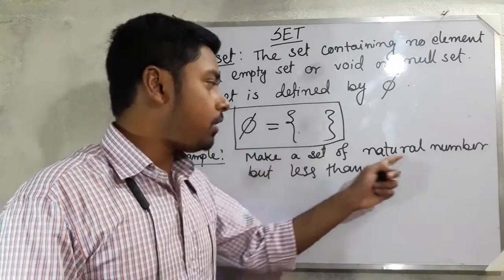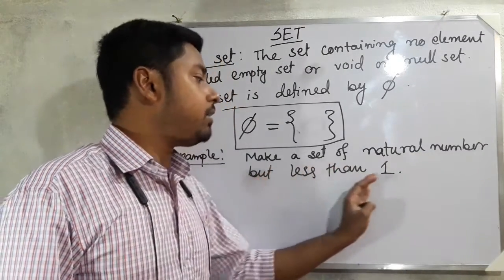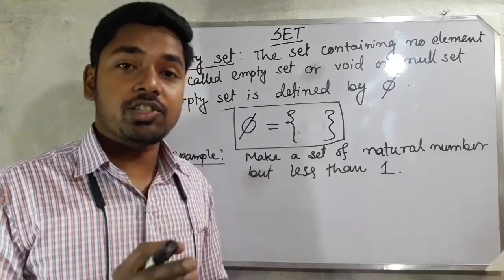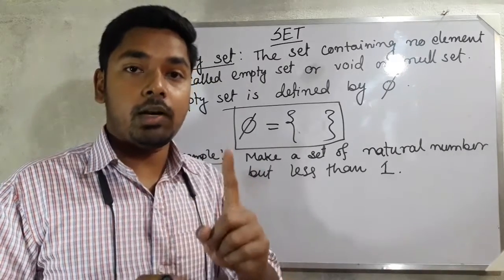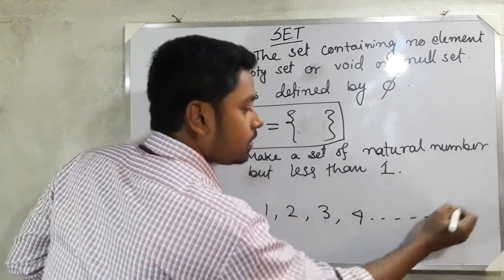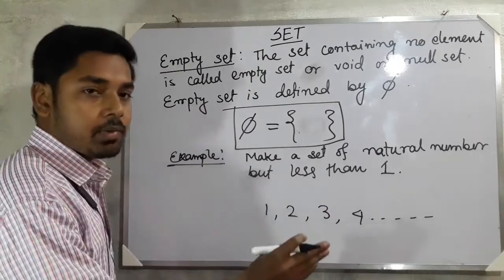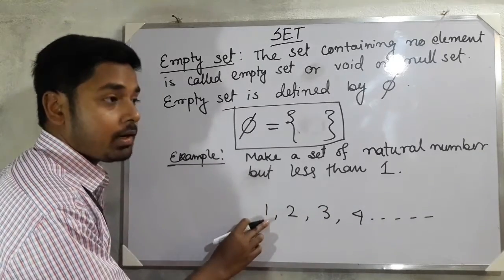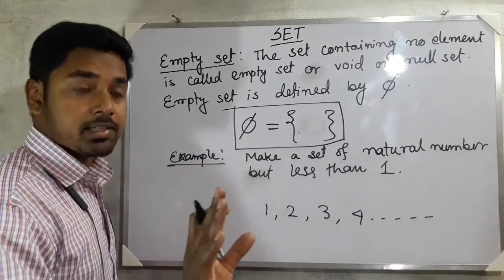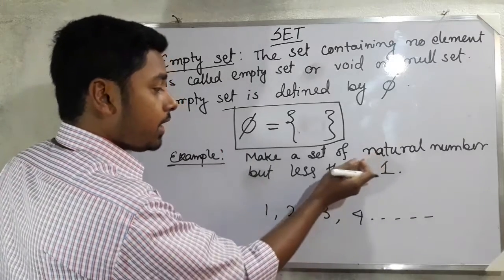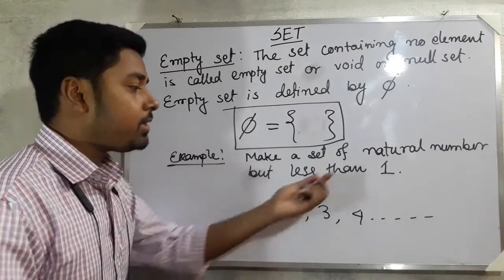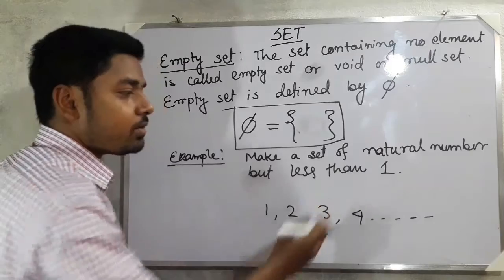What are the natural numbers? We know natural numbers start from 1: 1, 2, 3, 4, continuing. Natural numbers start with 1, and below 1 there is no natural number. But here we have to make the set of natural numbers below 1, meaning less than 1. So we can say there is no natural number which is less than 1.